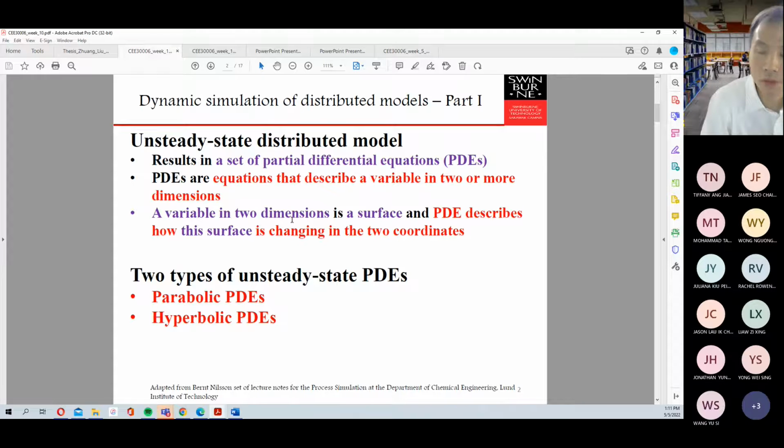There are different types, and they have all been classified and documented properly in advanced engineering mathematics. There are established methods to solve the PDE.